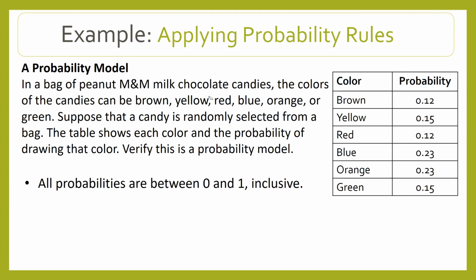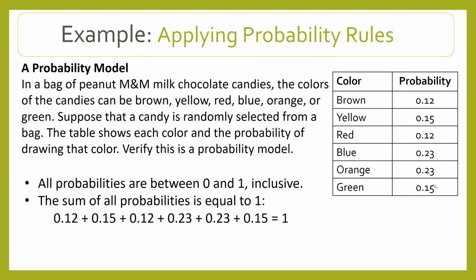First, check each of the probabilities. This is 0.12, 0.15, 0.12, 0.23, 0.23, 0.23. Clearly, none of these is outside 0 and 1. All the numbers are within 0 and 1. The sum of all probabilities is equal to 1.